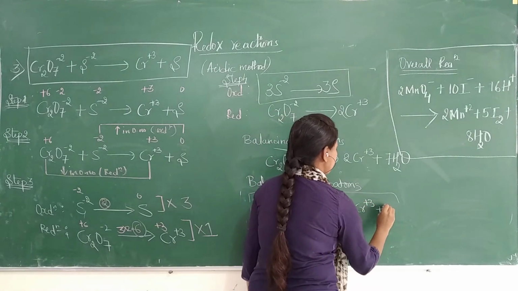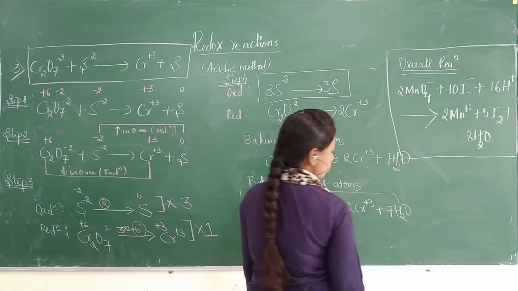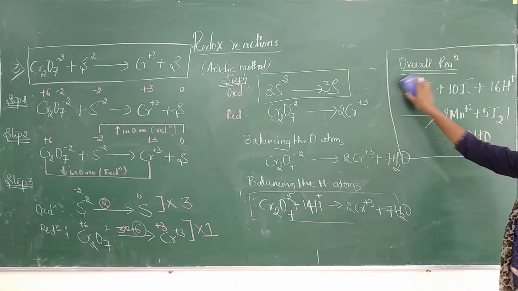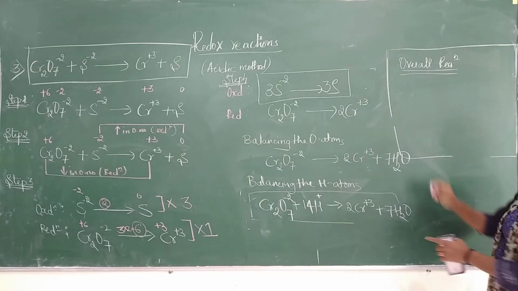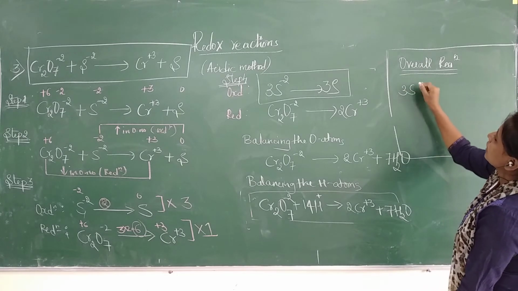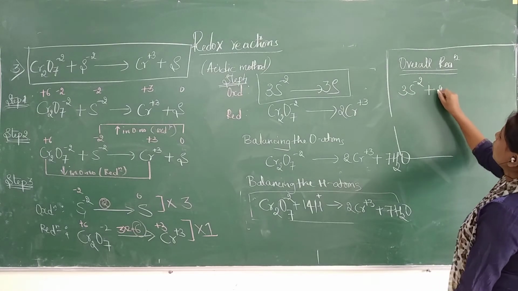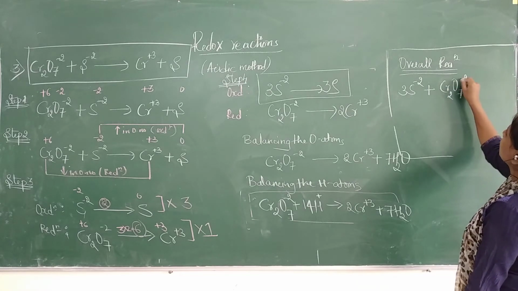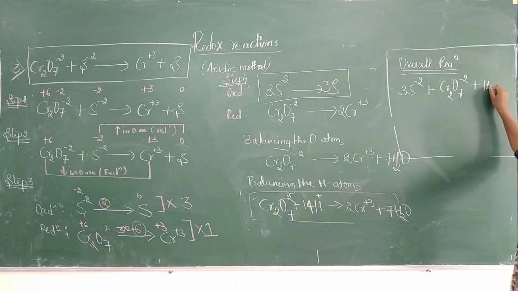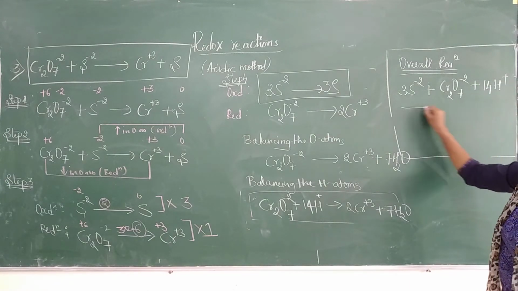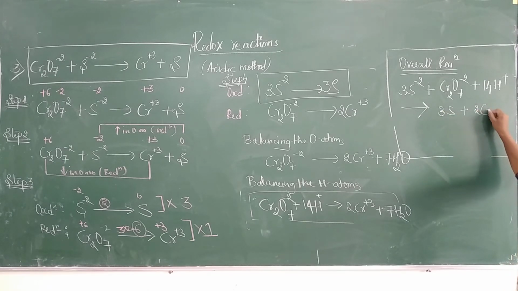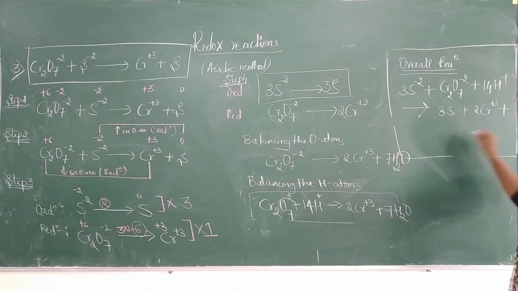So in order to get the overall reaction, you have to add the oxidation half reaction and the reduction half reaction. On adding them, we get 3S minus 2, Cr2O7 minus 2, plus 14H plus, which gives out 3 sulfur, 2 Cr plus 3 and 7H2O.